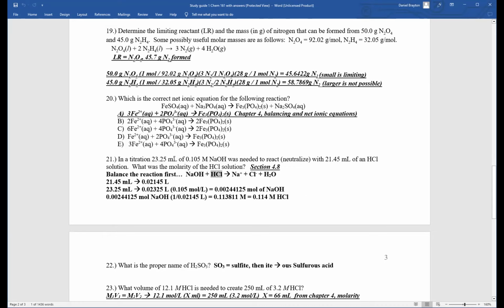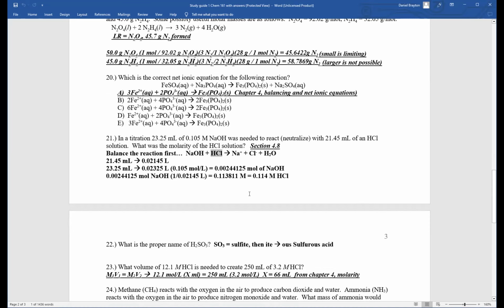But my point was that you can see the volumes are almost identical, and since the volumes are almost identical, the concentrations are going to be pretty close to one another. Since this one's a little bit larger, I'm expecting the concentration of the HCl to be a little bit higher.